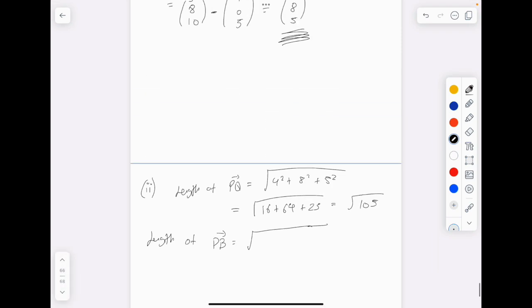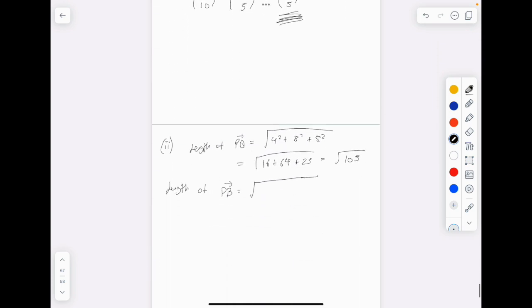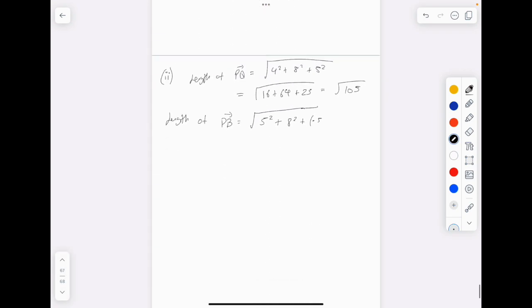Length of PB is going to equal the square root of 5 squared plus 8 squared plus negative 5 squared, which is going to give me 25 plus 64 plus 25, which gives you the square root of 114, right?